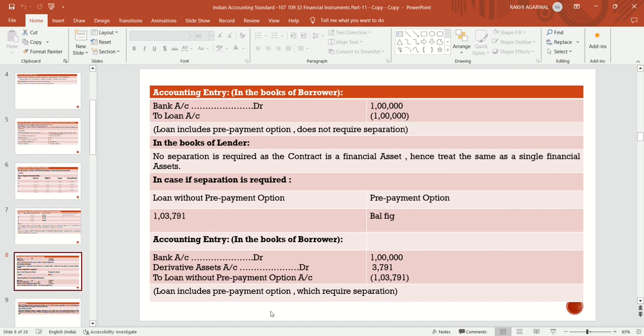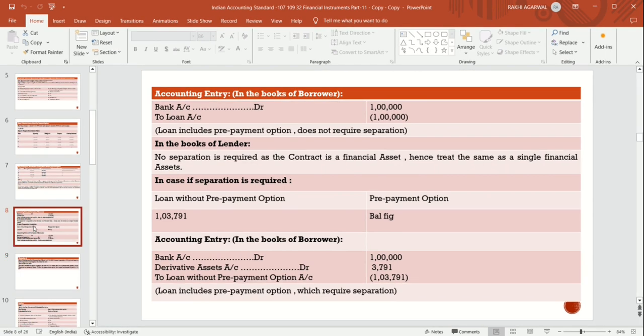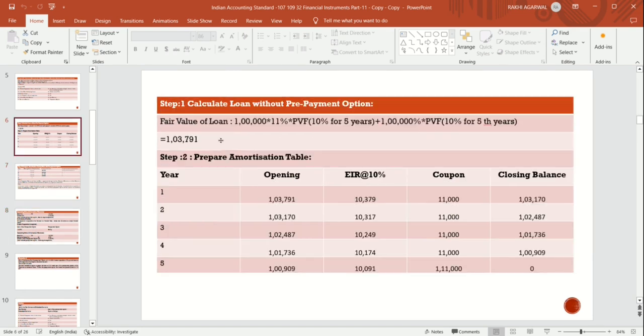In case separation is required, how is it to be accounted? The loan without the prepayment option, as we had calculated the amortized cost, is 103,791.